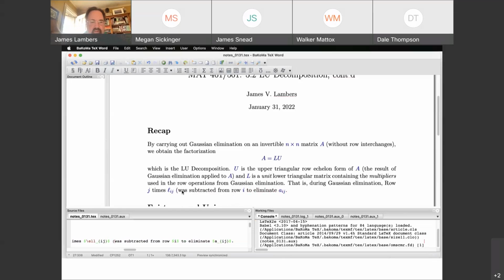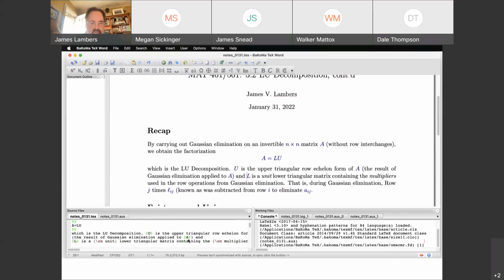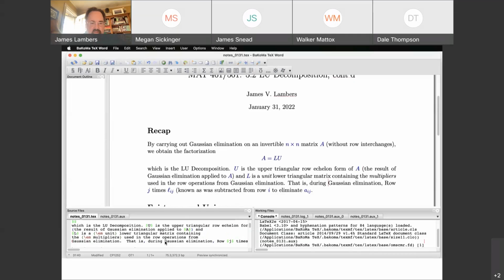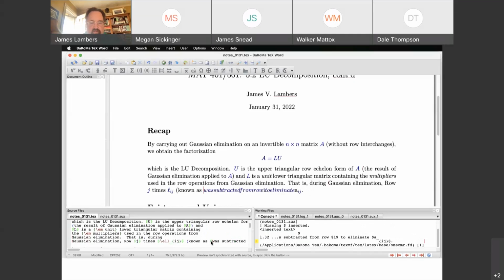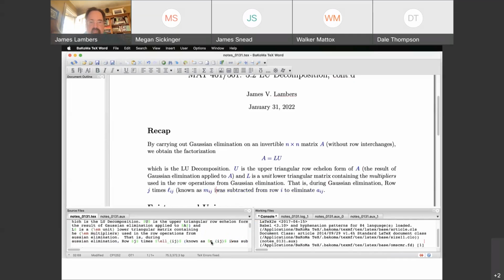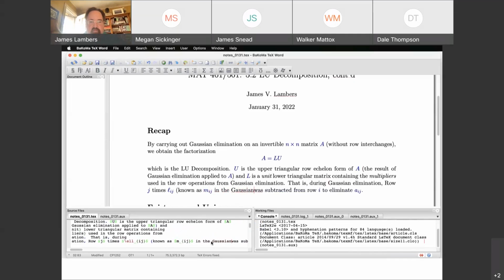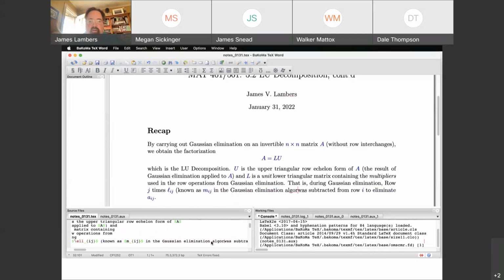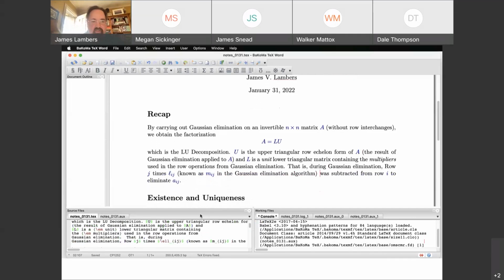And I should clarify. In a Gauss elimination algorithm, like in a text, the multiplier is called m_ij, but that also happens to be the ij entry of the unit lower triangular factor L. So Gauss elimination naturally gives us this factorization.